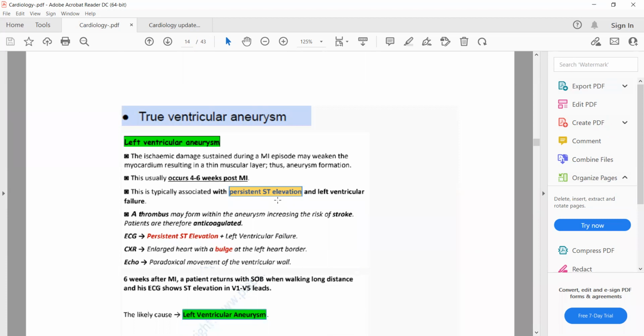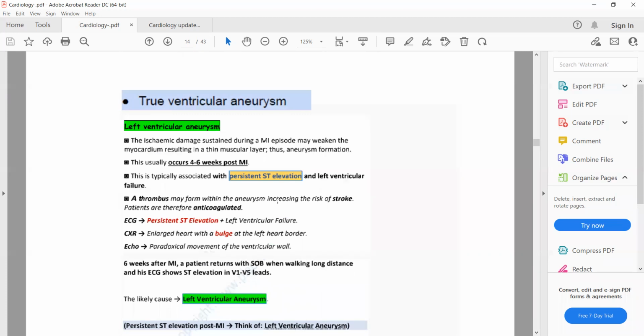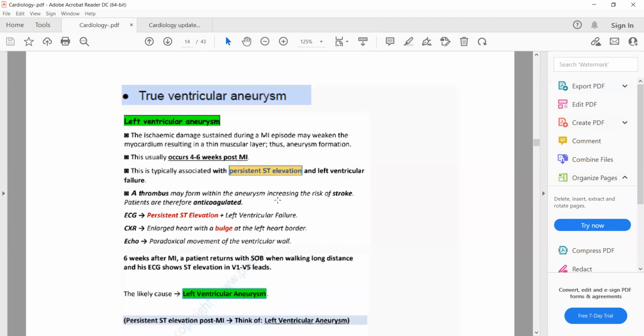How is a patient with ventricular aneurysm going to present to you? A patient with ventricular aneurysm will present with features of heart failure. So a person presents to you with SOB on exertion 3 or 4 weeks or 5 weeks or 6 weeks after MI, and you perform an ECG which shows ST elevation.